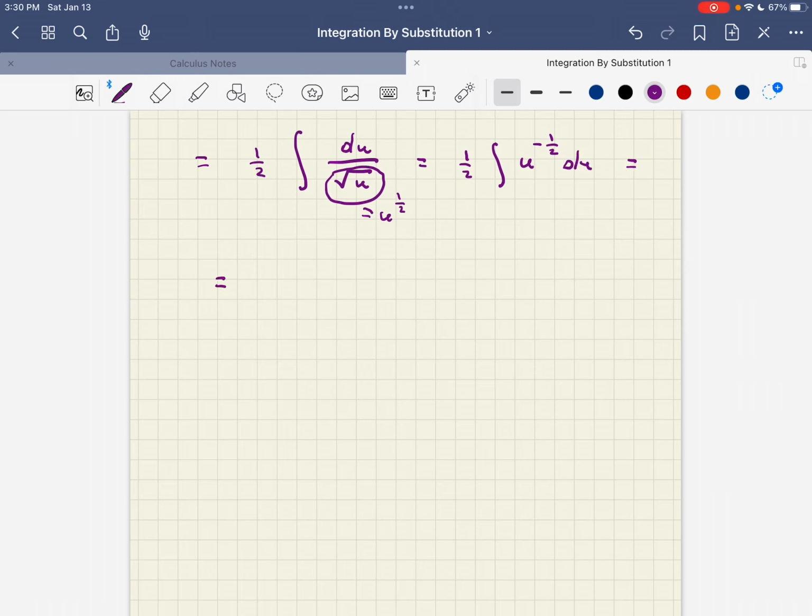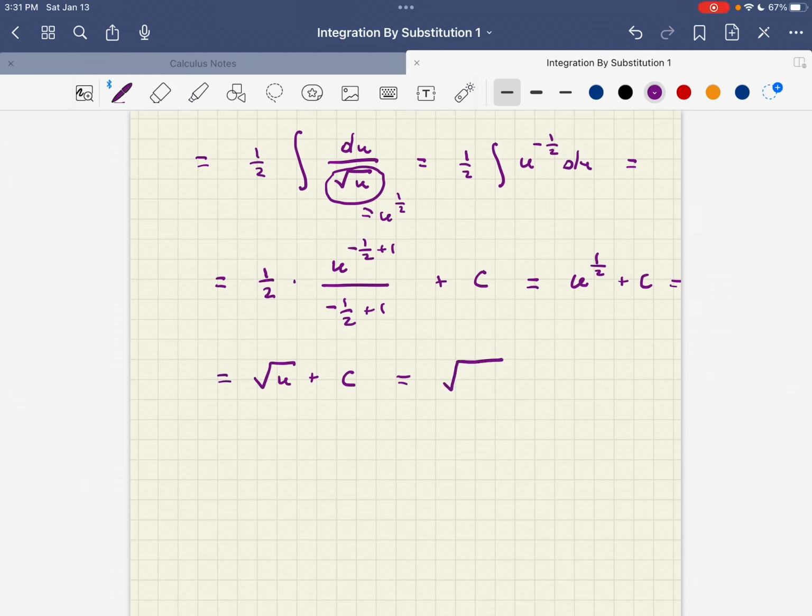And using the power rule, we can find the antiderivative as u to the power negative 1/2 plus 1 over negative 1/2 plus 1 plus the constant of integration. And this, of course, works out to be u to the power 1/2 plus c, which is the square root of u plus c. And now we go back to the original variable of integration by simply replacing u with x squared plus 1. Okay. And so that would be our final answer here.